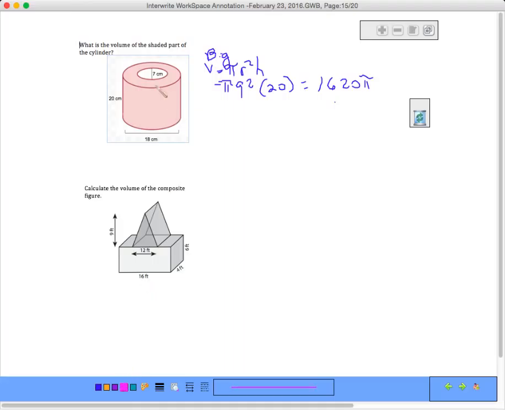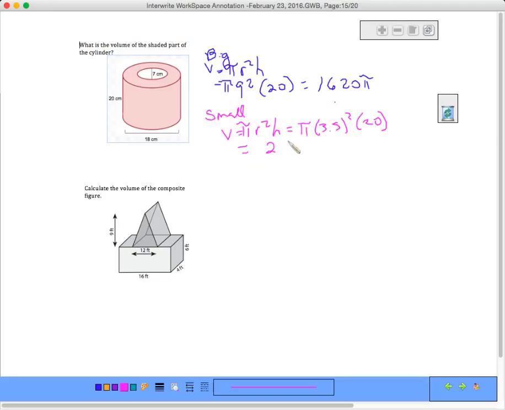Now looking at the small one, just the inside here, the volume is pi r squared h, which in this case is pi. My radius for the small one would be 3.5, halfway across that 7. So 3.5 squared times 20, because the height is still the same, which would equal 245 pi.